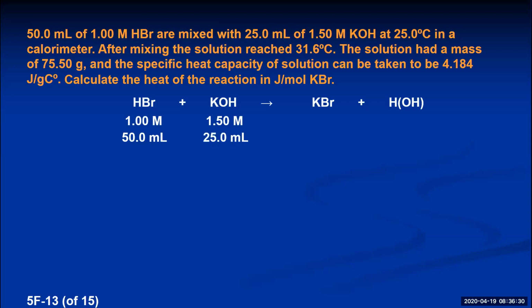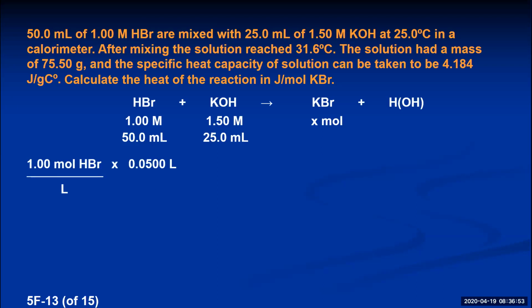What we're trying to do is calculate the denominator of joules per mole of KBr. So we want to calculate how many moles of KBr there are. This is a limiting reactant problem, so I'm going to set this up with an initial, change, and final mole table. I'm going to first calculate my moles of HBr and my moles of KOH. For solution data, you calculate moles by going molarity times volume.